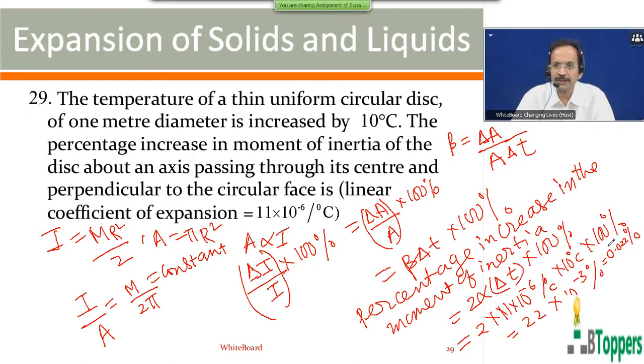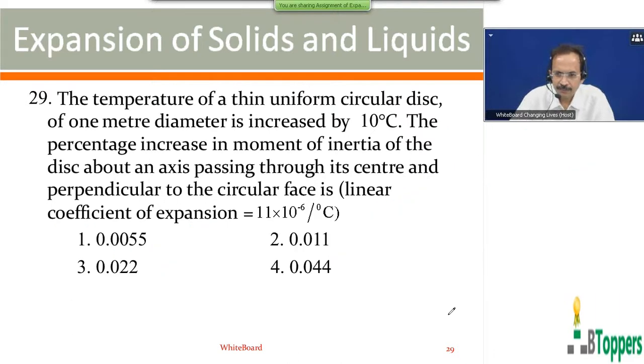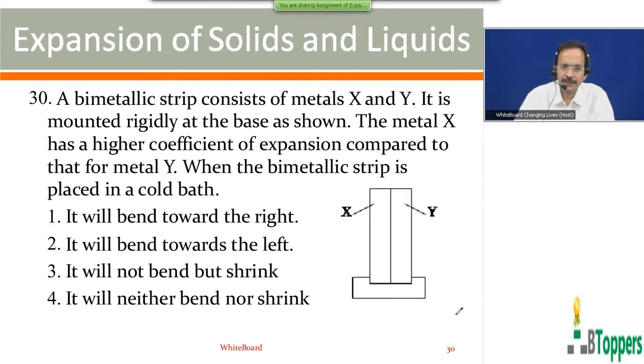So those who want to copy the solution of the problem, please take a pause and copy it. So for question number 29, which I just discussed, the third option will be the answer. Look at the next question.